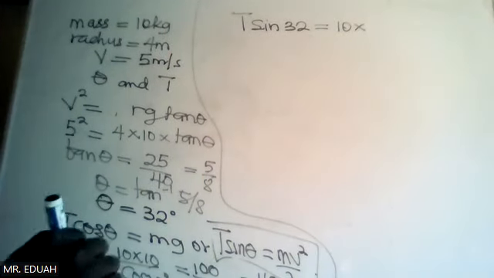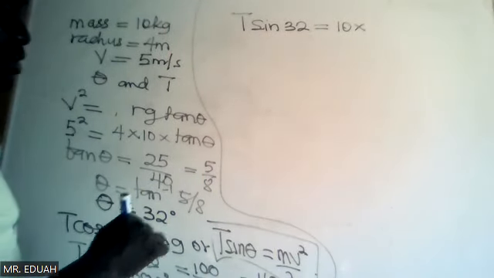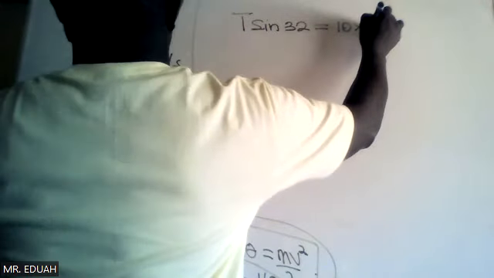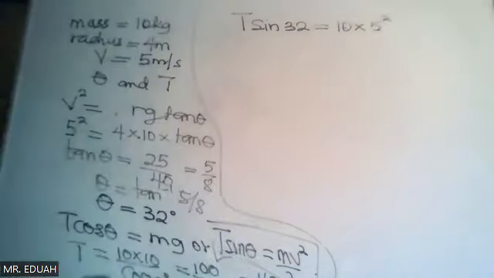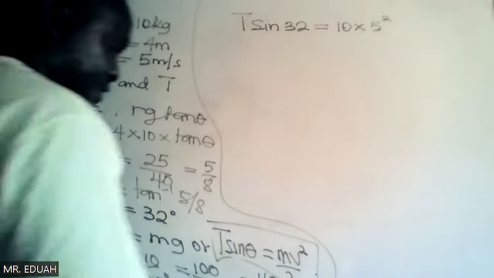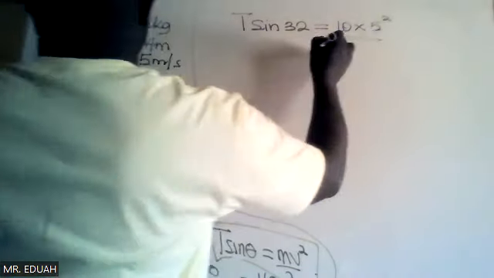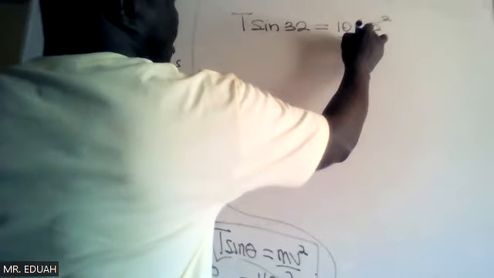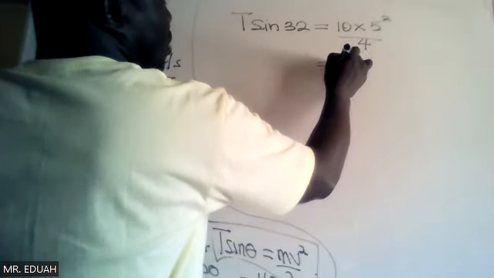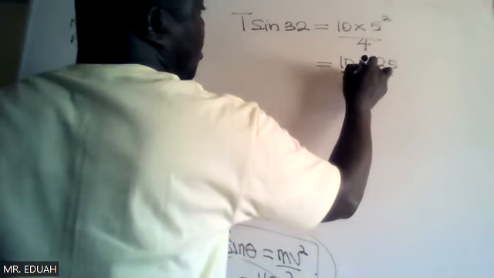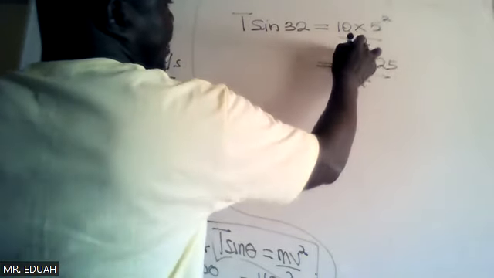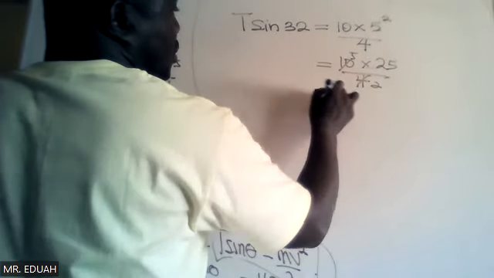So T sine 32 is equal to mass times the square of the constant speed divided by the radius, which is 4. So 10 by 25 on 4, 5, 2.